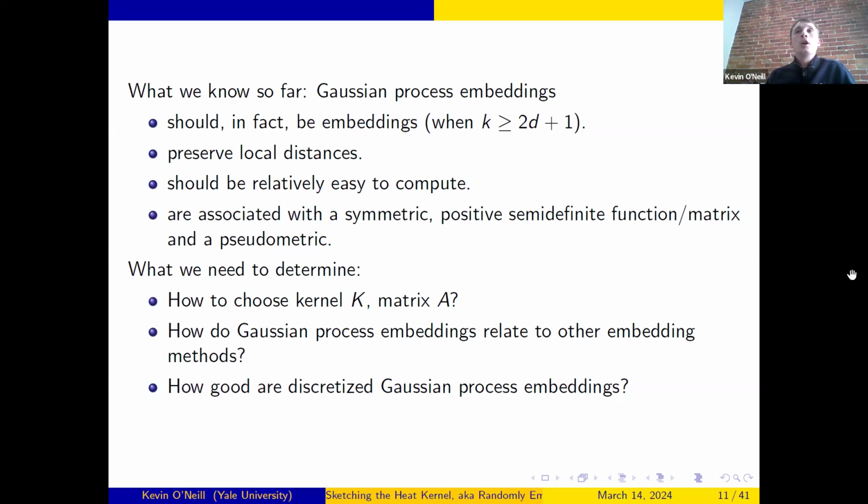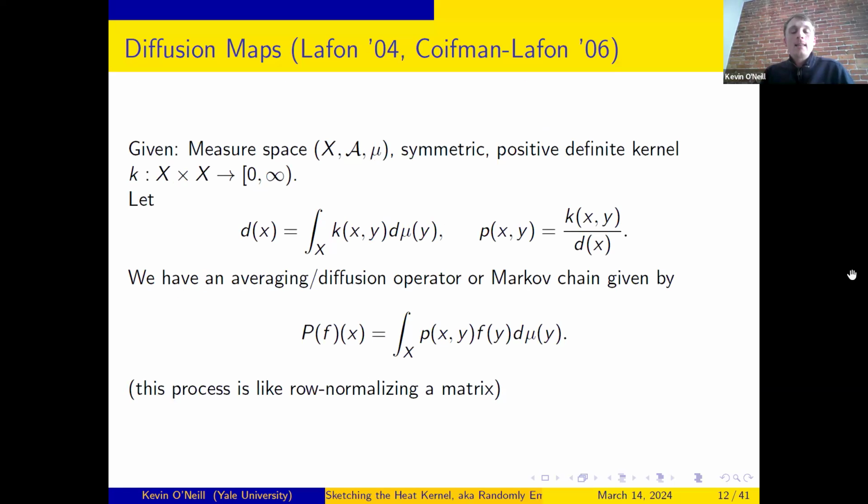We can say it's good, and maybe we can prove that in some limits we get convergence to a distance. But if it works more poorly than every other method out there, that's not a good thing. So that's where we need to go. But in order to get there, we have to talk about diffusion maps. It won't be clear immediately why, but they're going to be connected.